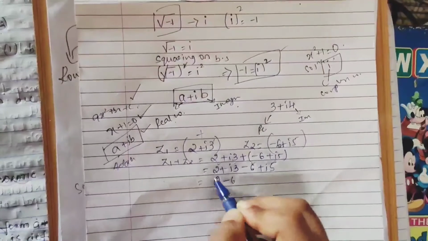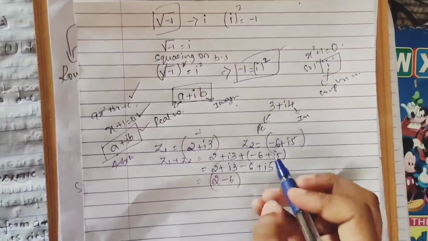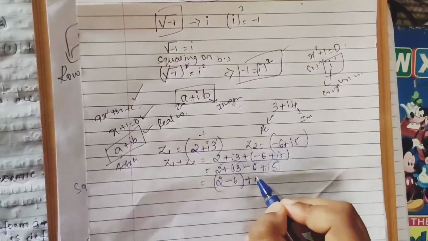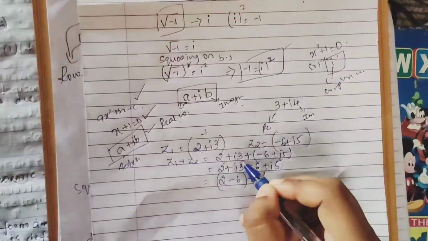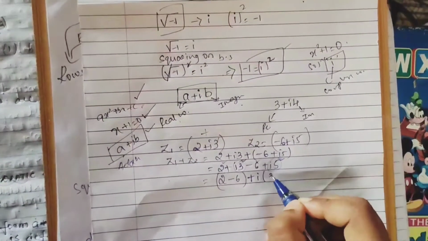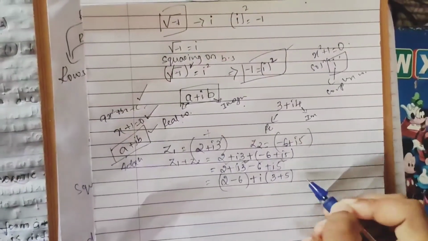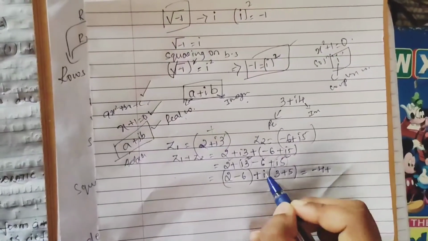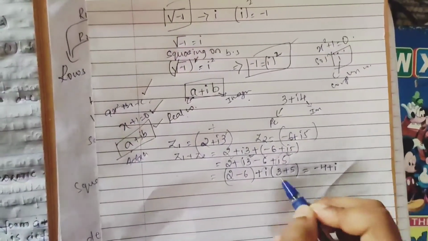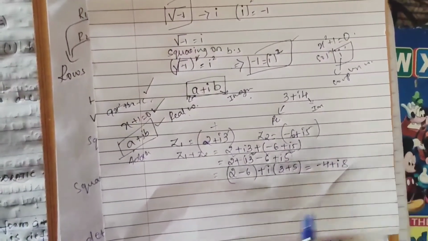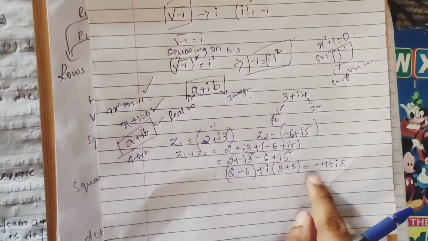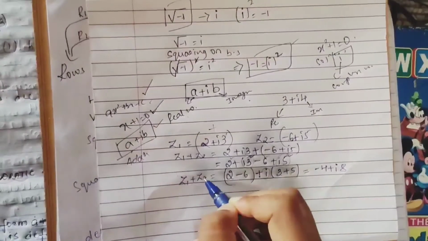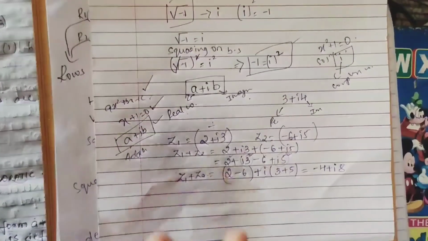So 2 minus 6 in one bracket, plus I common, and left is 3 plus 5. 2 minus 6 is minus 4, plus I times 8. So you get minus 4 plus I8. That is your Z1 plus Z2. This is your addition.